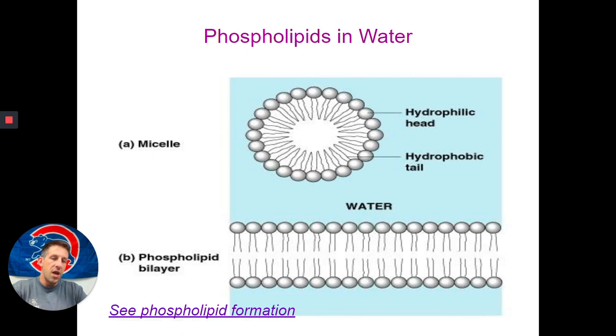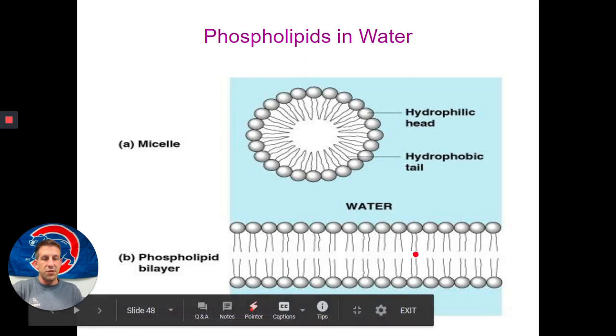Now depending on how you introduce these things into different watery environments, they will form different types of structures. Oftentimes, if you had a handful of phospholipids and threw them in some water, one of the things that will spontaneously be made is called a micelle.